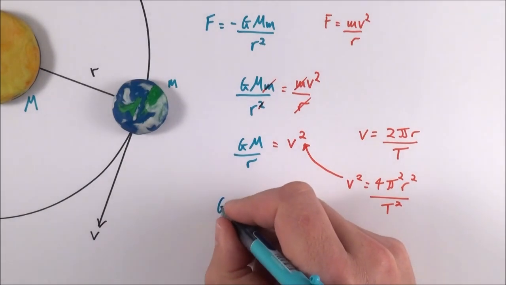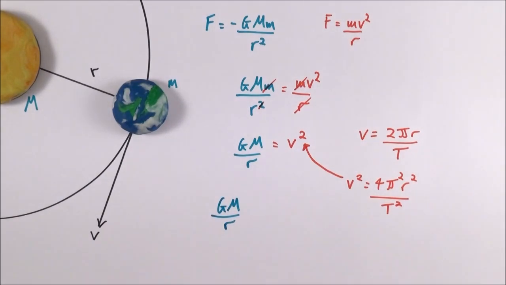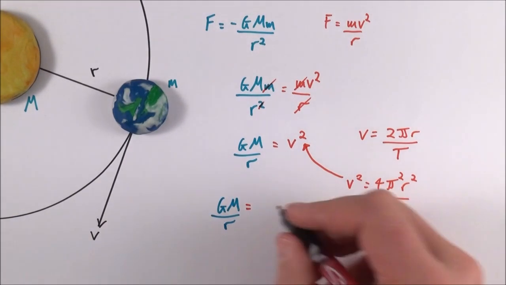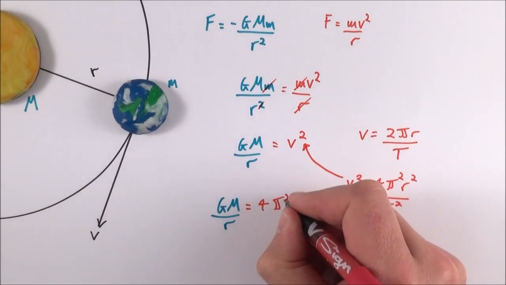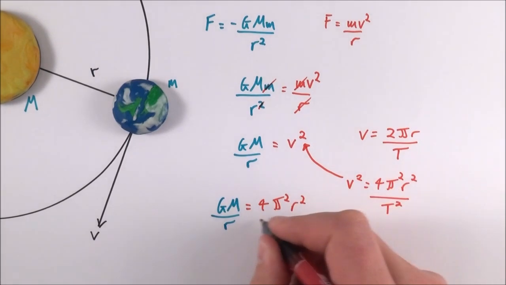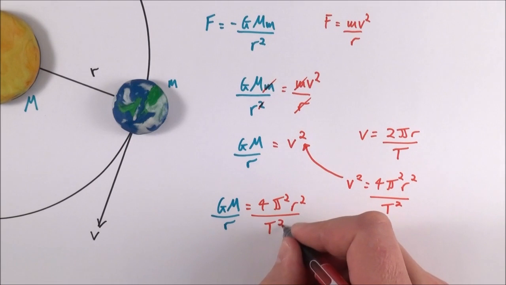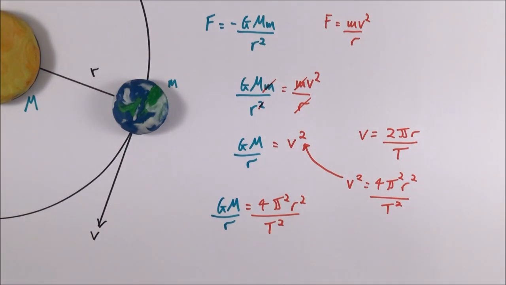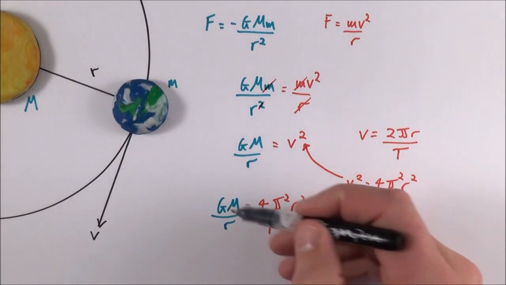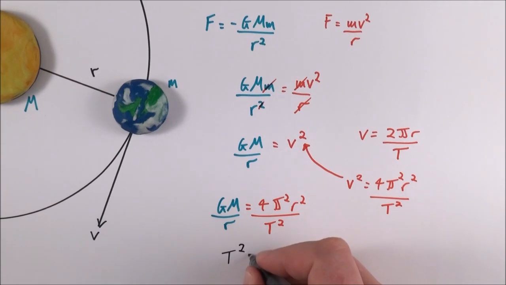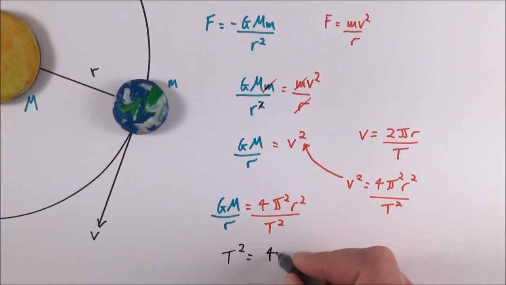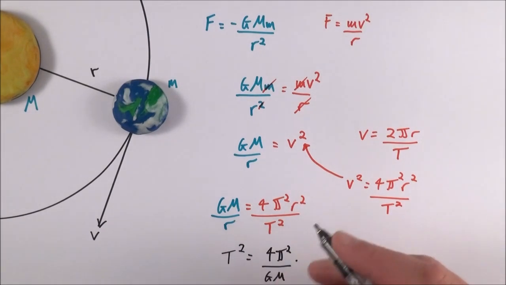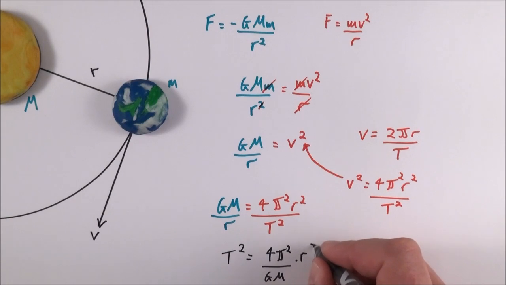So what we can then say is that GM over r is equal to 4 pi squared r squared over T squared. And if we rearrange this to make T the subject, I'm going to bring this up here to say T squared is equal to 4 pi squared over GM multiplied by r squared times r, which is r cubed.